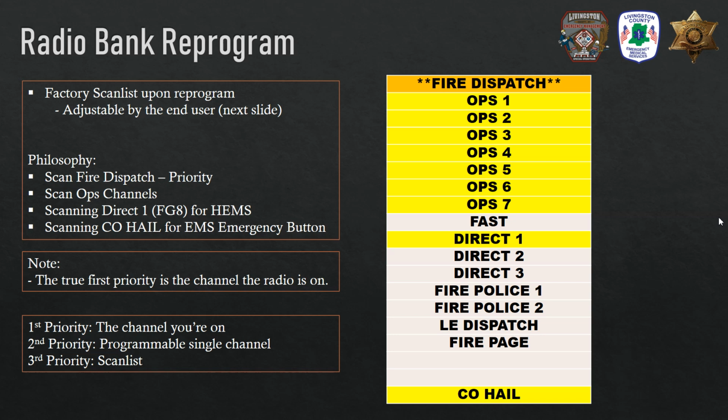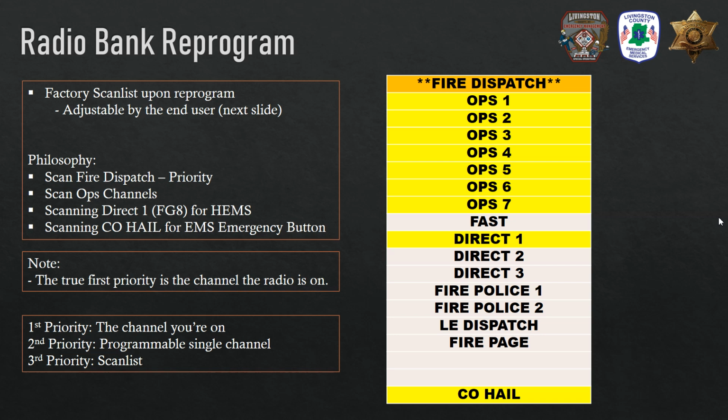So, for the philosophy behind the scan list that we are providing each radio, the first thing you have to understand is priority of scanning. The channel that any given radio is on is the first priority channel within the radio. For example, if your radio is on Ops 2, your radio is continuously providing first priority to Ops 2.